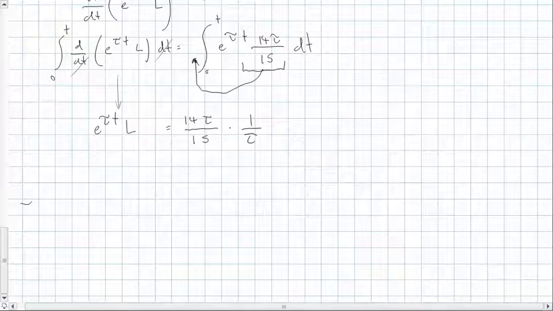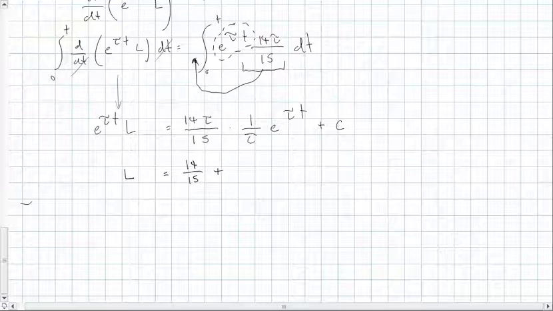This comes from the integration of this term, e^(tau t). Solving now for L, we have 14 over 15 plus C e^(-tau t).